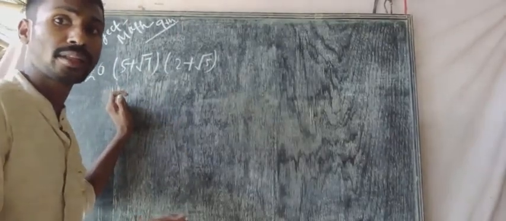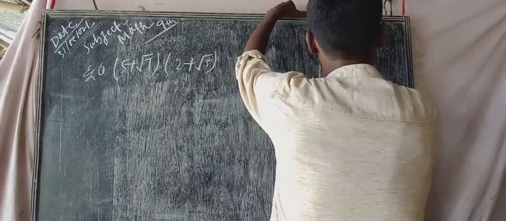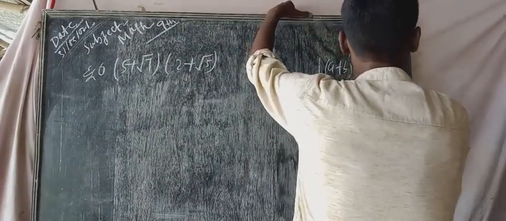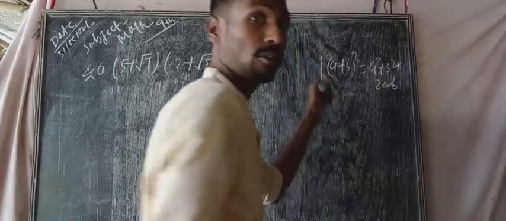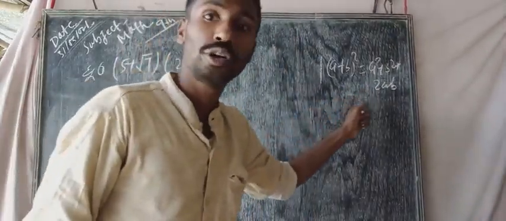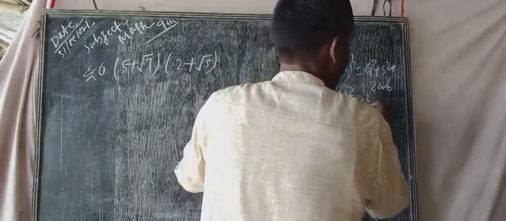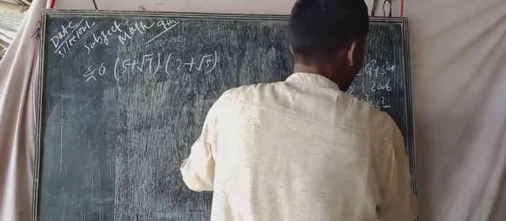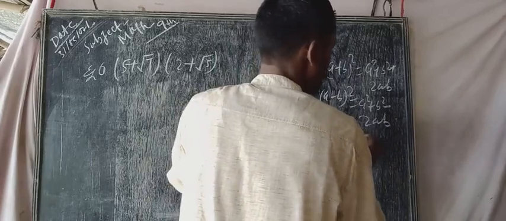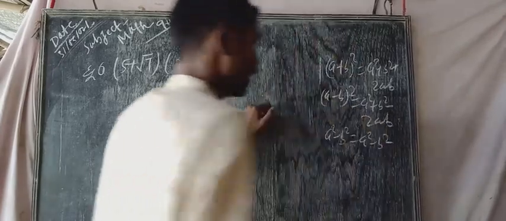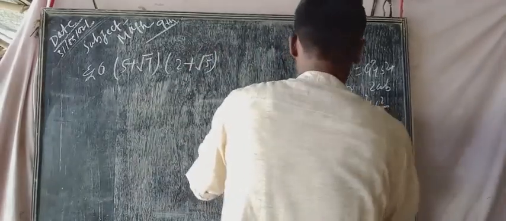First, we will try to apply the formula. (a plus b) whole square equals a square plus b square plus 2ab, and (a minus b) whole square equals a square plus b square minus 2ab, and (a plus b) into (a minus b) equals a square minus b square.